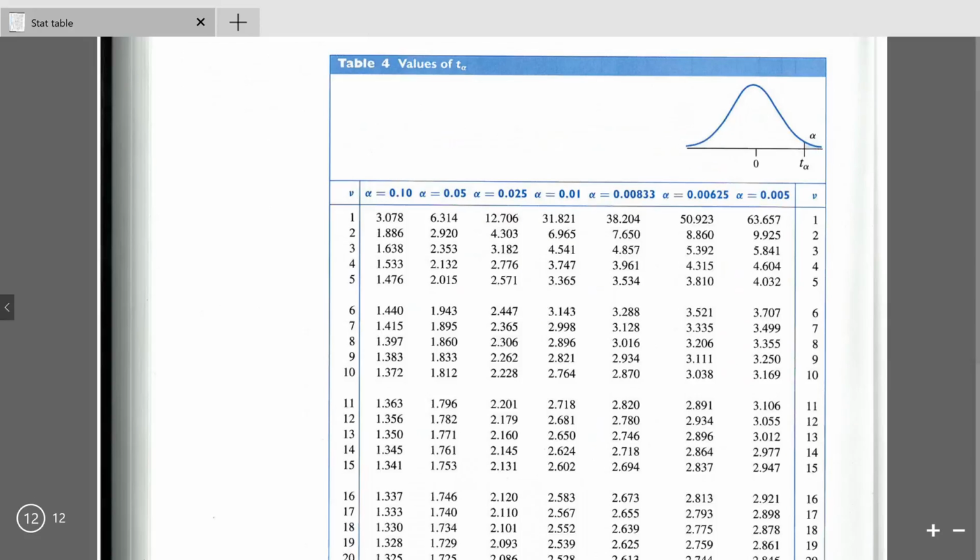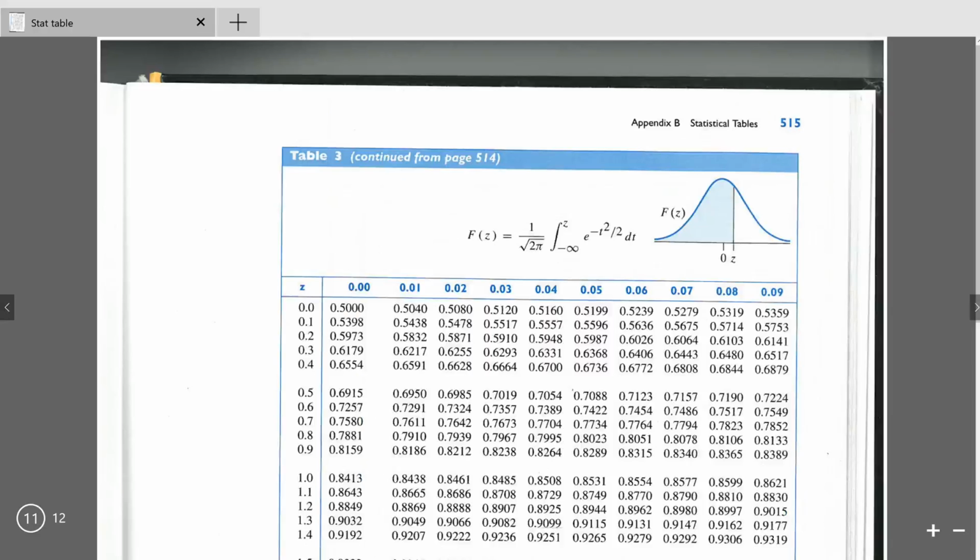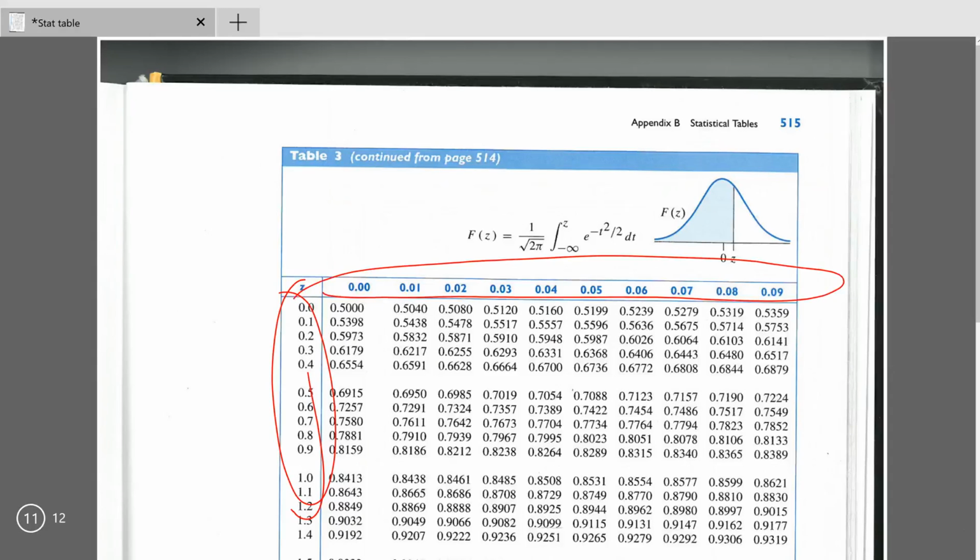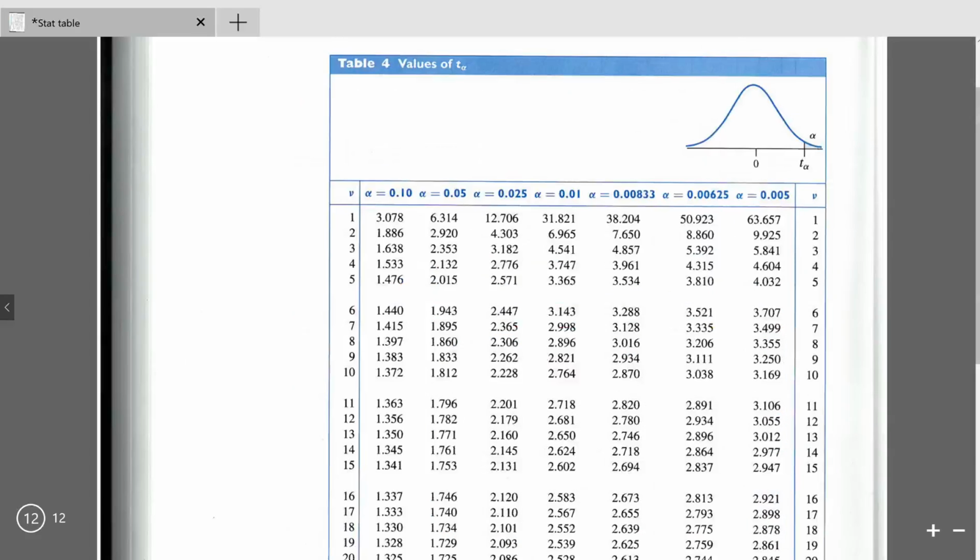What we had before is that we have the z values, and given the z values we have the probability. But now, this is actually the t alpha values. This is not like the CDF values.